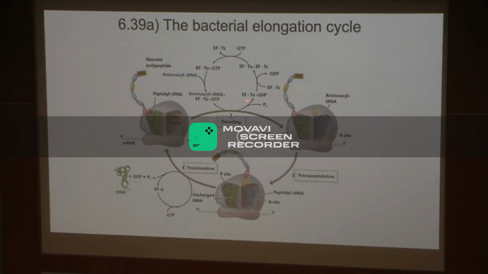It then loses affinity for the aminoacyl tRNA, so that it can be released from the A site. And now it turns out we need a guanosine nucleotide releasing factor, which is one of the other elongation factors called EF-Ts, to stimulate the release of GDP so that we can bind GTP and repeat the cycle.